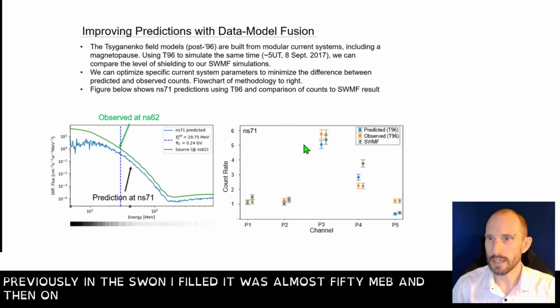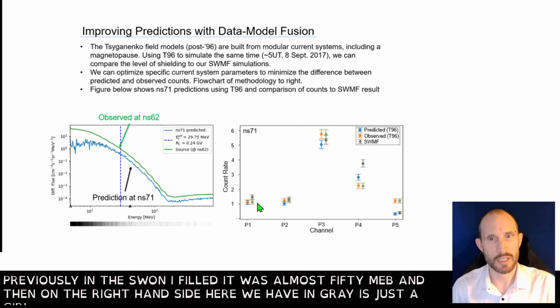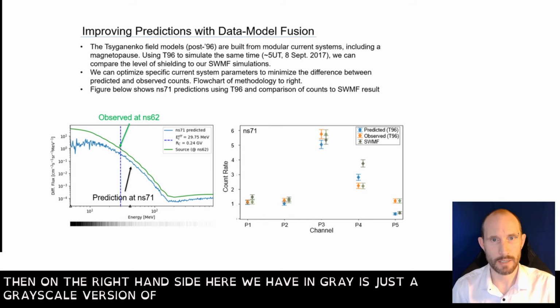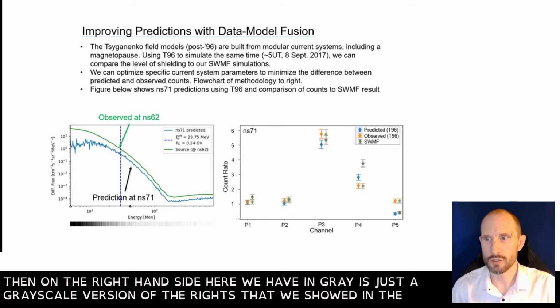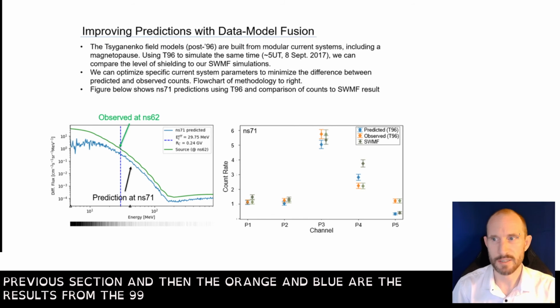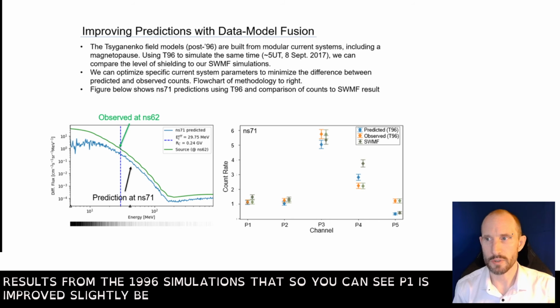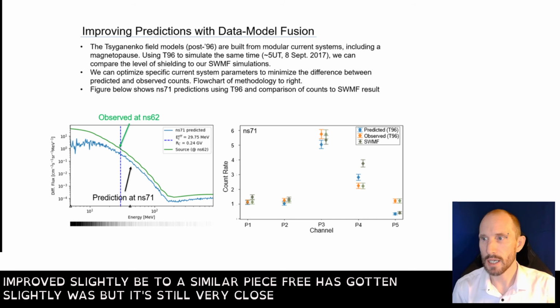And then on the right-hand side here, we have in gray a grayscaled version of the count rates that we showed in the previous section. And then the orange and blue are the results from our T96 simulations. And so you can see P1 has improved slightly, P2 is similar, P3 has gotten slightly worse, but it's still very close.